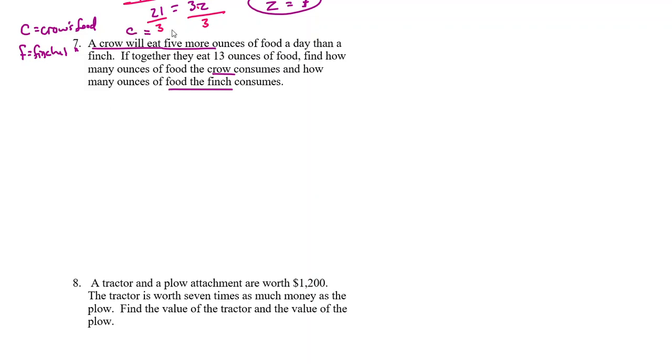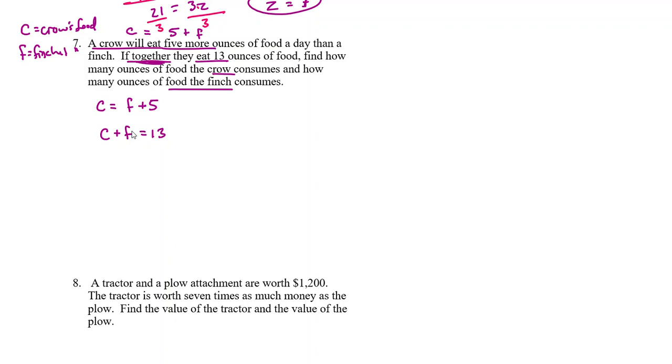C equals 5 more than what? A finch. So C equals F plus 5. The second sentence, if together, add them up, they eat 13 ounces of food. C plus F equals 13.